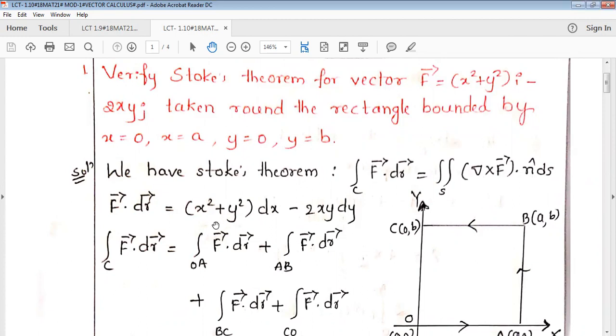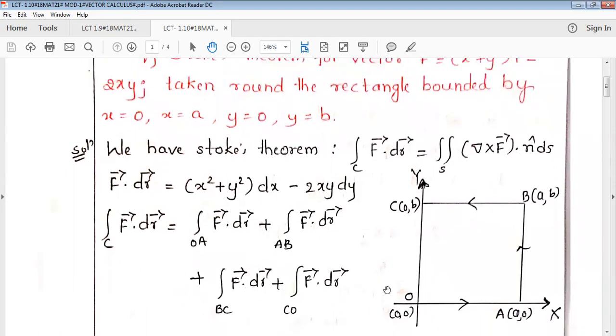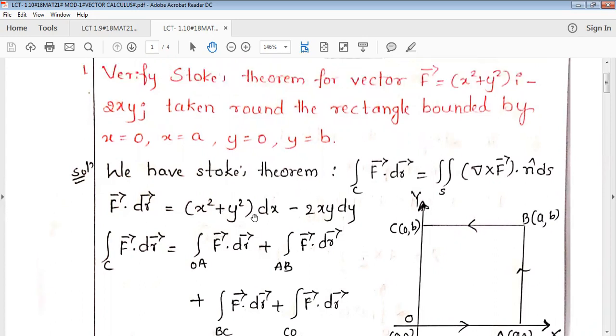So here we are verifying this for the rectangle which is bounded by these values 0 0, a 0, a b and 0 b. So now the vector f dot vector dr is x square plus y square dx minus 2xy dy, which is the dot product of these two.